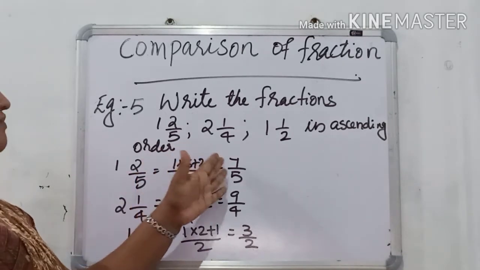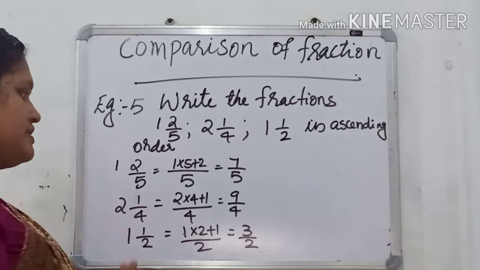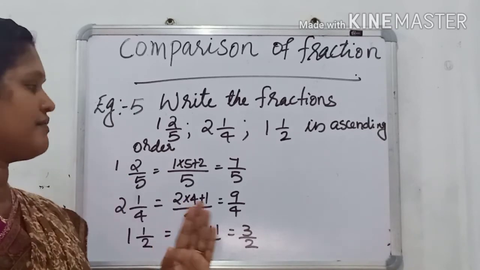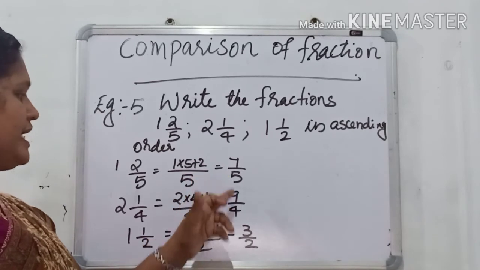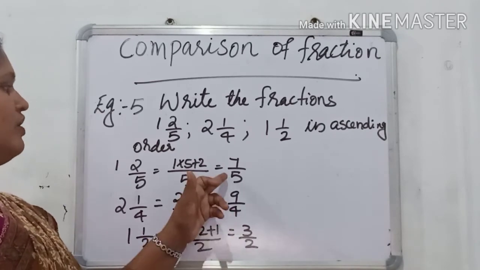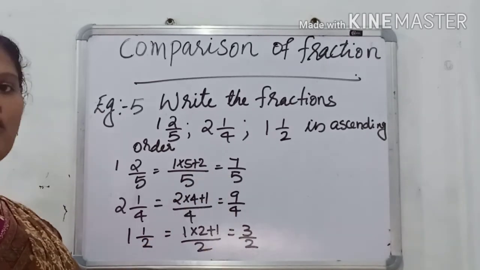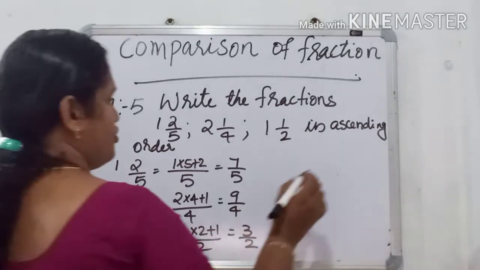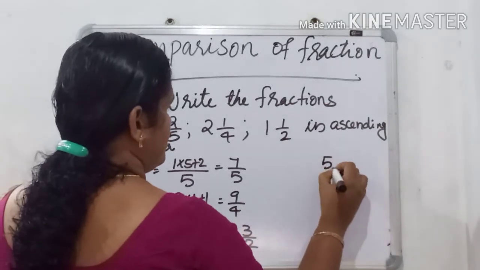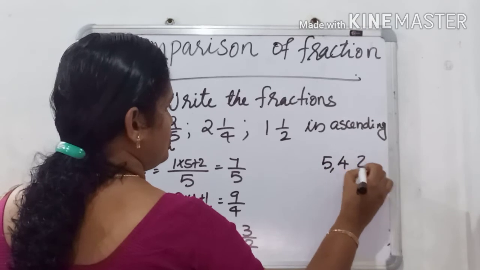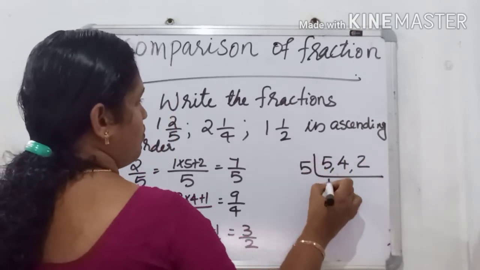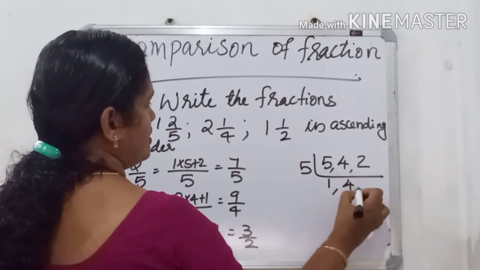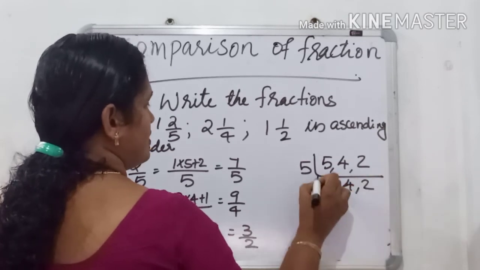We have to convert them into like fractions. To convert them into like fractions, first we have to make the denominators same. So first we have to find the LCM of the denominators. 5, 4, 2. 5, 1, 4, 2.